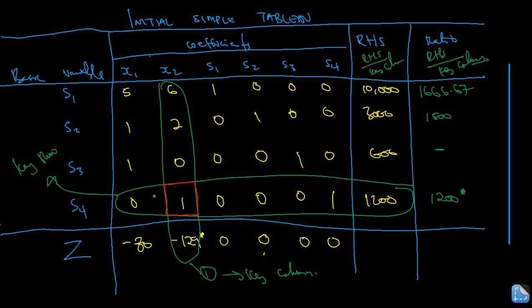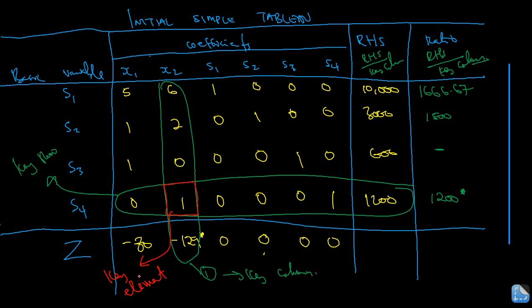This intersection is called our key element. So take note of all the terminology, they're very important. The intersection between our key row and our key column is called our key element. So that is our key element, the 1.